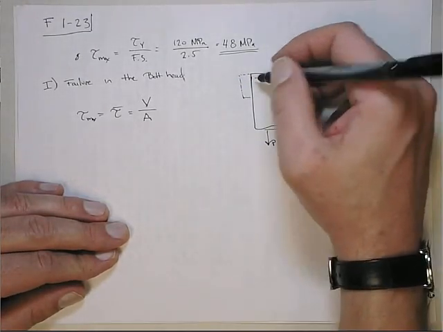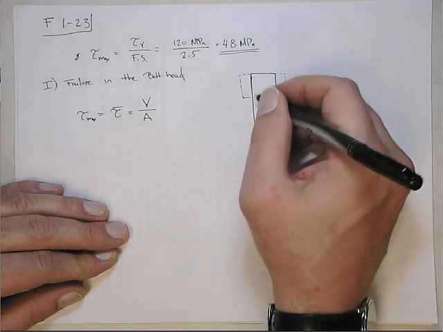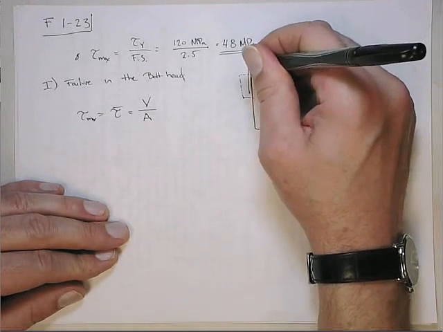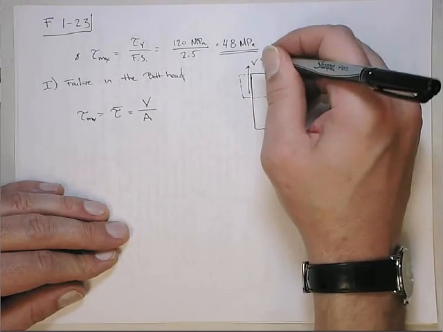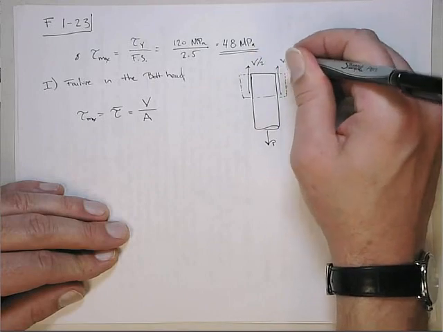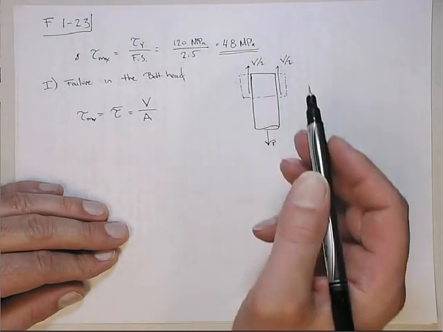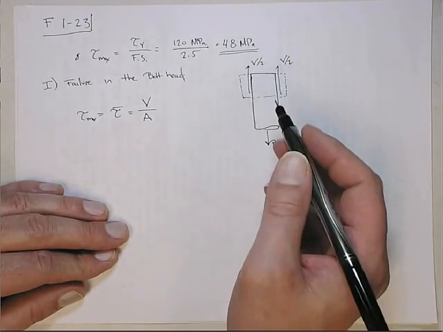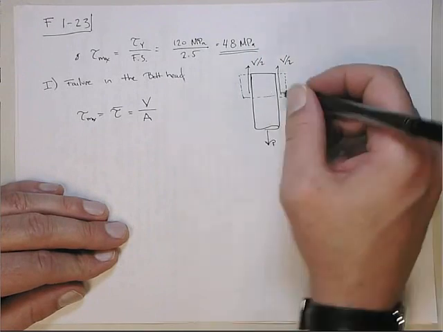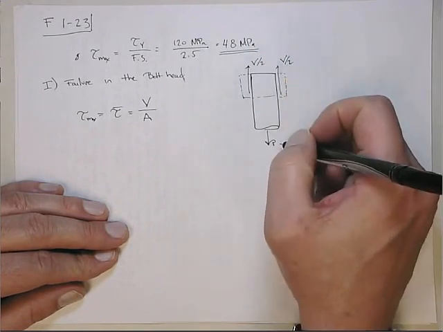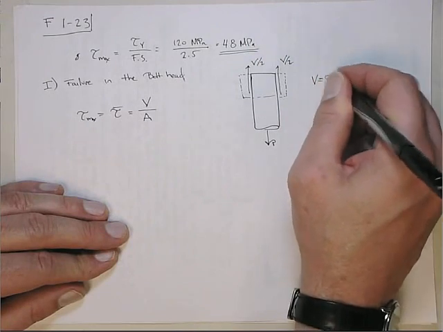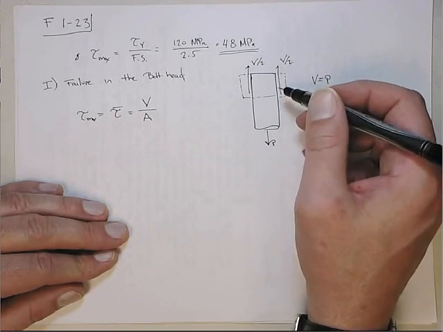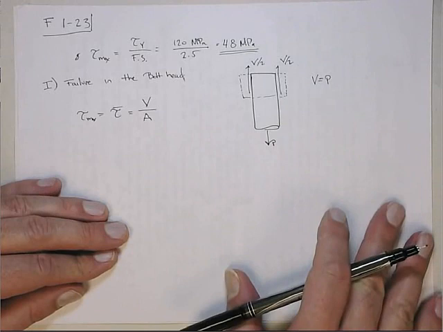Around this whole cross-sectional area, there is a net shear force V. I always have a tough time drawing this. If you can visualize it, this has to be a shear around the whole cylinder. In a sense you can put half V on this side and half V on that side. And here you can see obviously that V has to equal P. Go through the sum of forces if you don't quite see it.